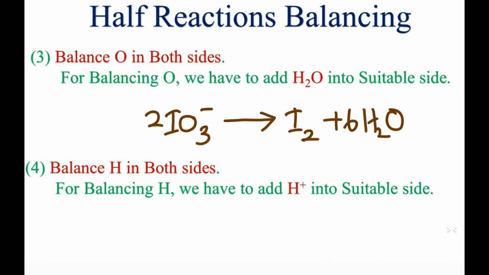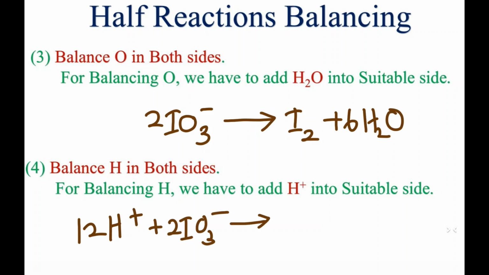On our right side, right now we have 12 hydrogen atoms, so we have to add 12H plus to the left side of this reaction, because to balance hydrogen we have to use hydrogen plus. Now you can see this reaction is already balanced with iodine, hydrogen and oxygen.